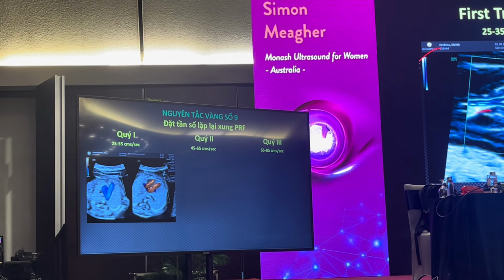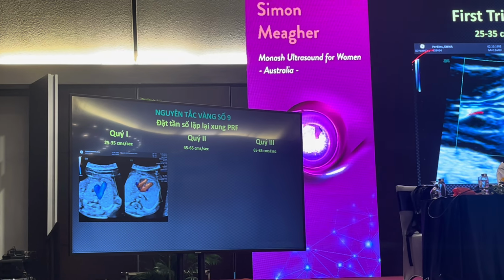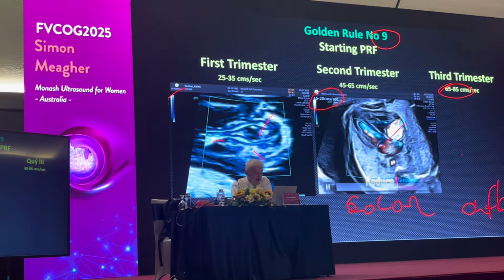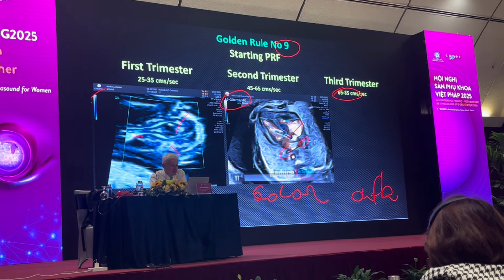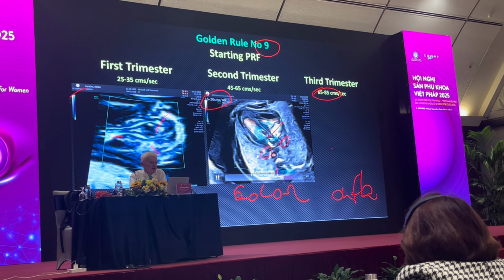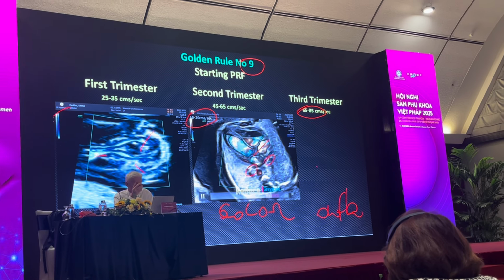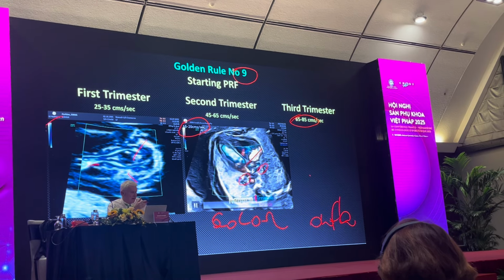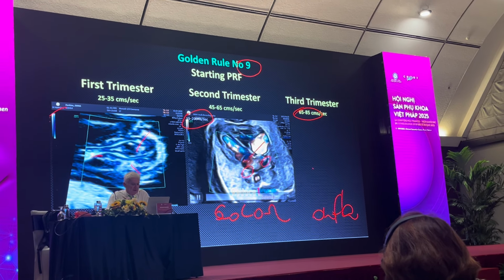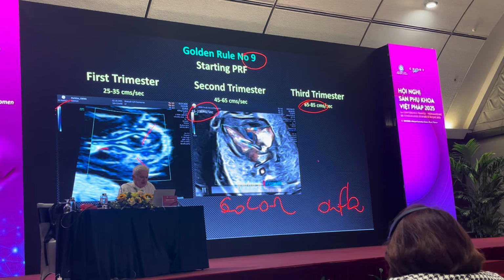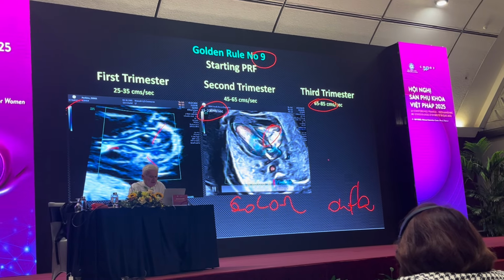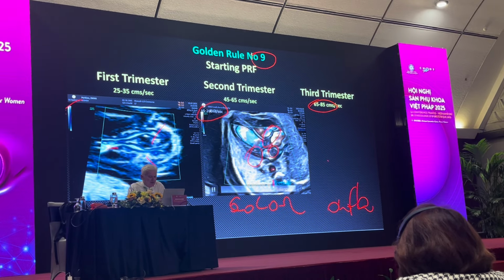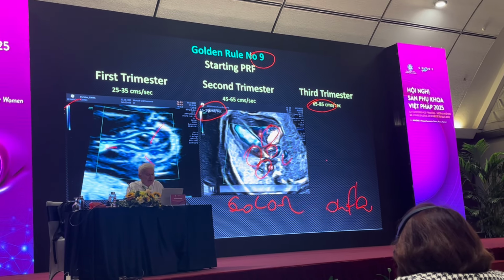And then I reduce my balance. So I have a higher gray setting. And now I can see my pulmonary veins much more clearly. So this is a combination of using power Doppler and color Doppler with balance. And I'll show you this control. But it gives you beautiful definition of the tricuspid valve, the mitral valve, the atrium primum, and the pulmonary veins.